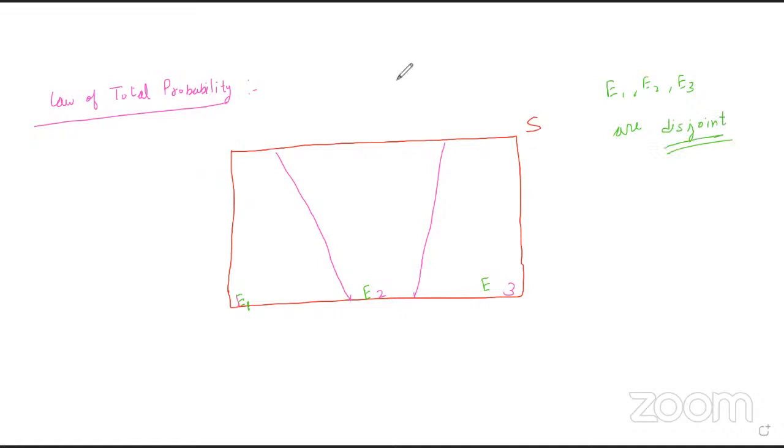And now suppose I need to find the probability of some event E. This is my event E. I need to find its probability. So how can we approach this one? I can make three parts of it, right?